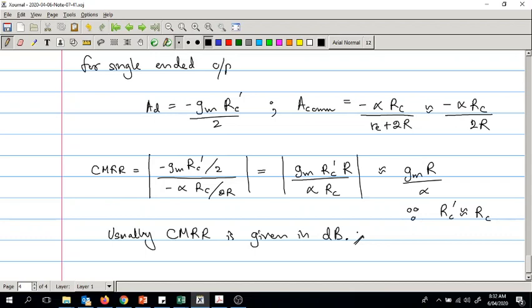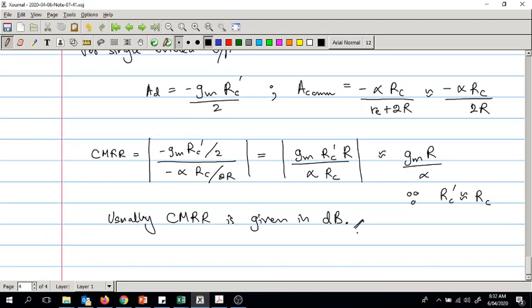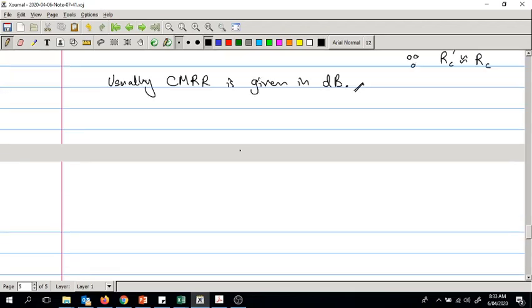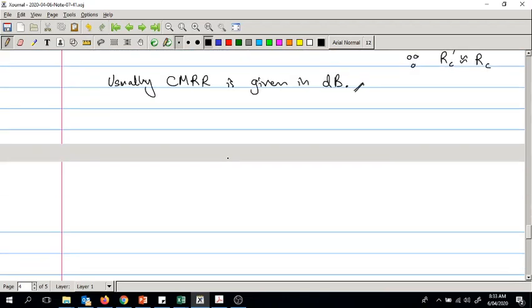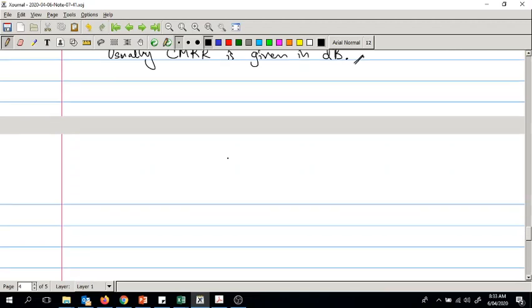So the second stage and the third stage, there is no differential case, so it is more or less like a normal amplifier. So rejection ratio is mainly because of this differential amplifier stage, right? Okay, so that is that for the differential amplifiers.